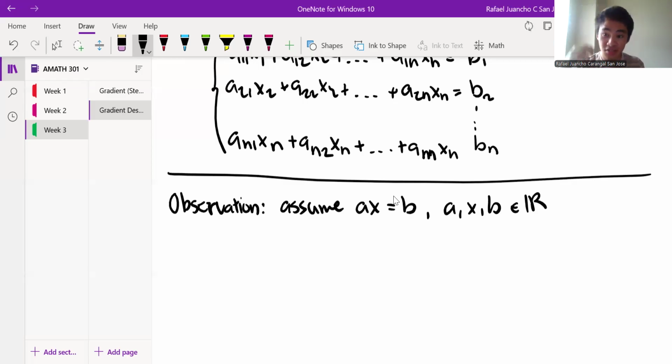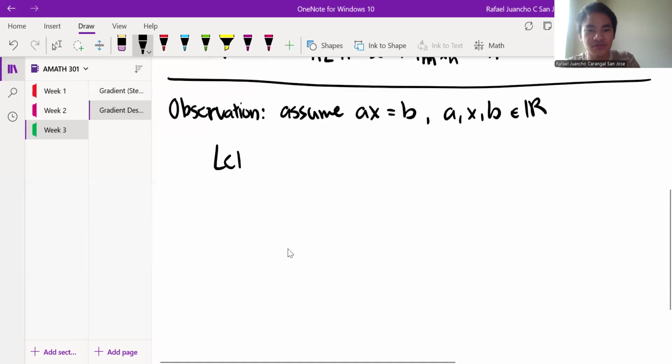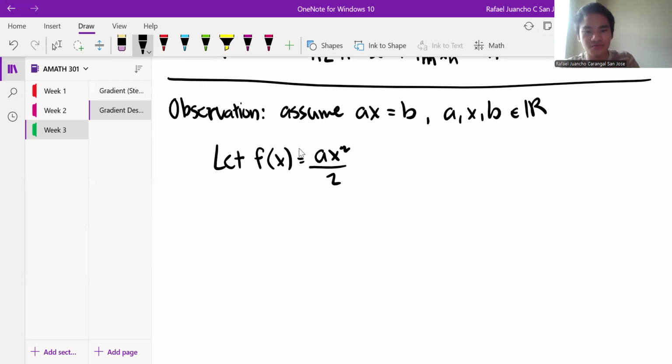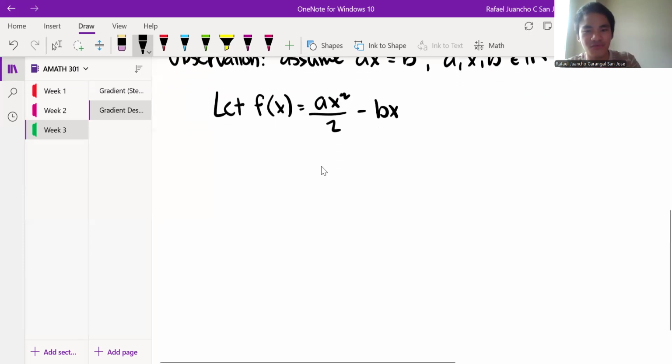So no matrices, just numbers. And let's use functions here. So we let f of x be A x squared over 2 minus bx. And so this is a quadratic function because it's a polynomial of degree 2.